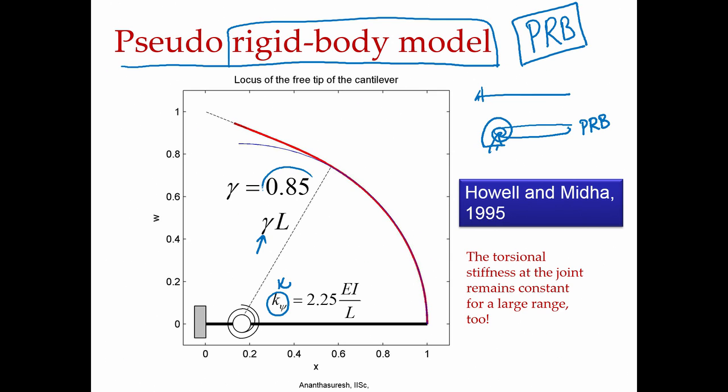They chose a value of 0.85 rather than 5 over 6 that Burns and Crossley had used. 5 over 6 is 0.8333, right. Instead they went for 0.85. Why did they change it? And they actually introduced later that thing also here. We will see how they arrived at this formula and why they went for 0.85.